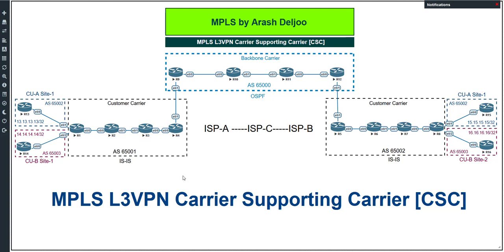Look at here. In this scenario, again, we have two customer sites: customer site A in site 1, customer site B in site 1, and also customer site A, site 2, and another customer site B, site 2.